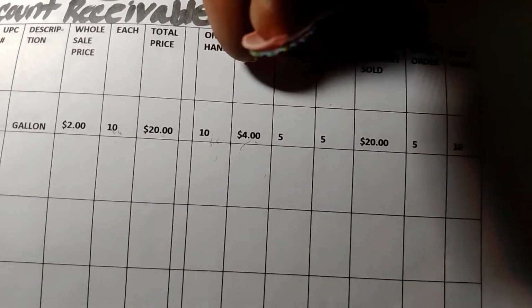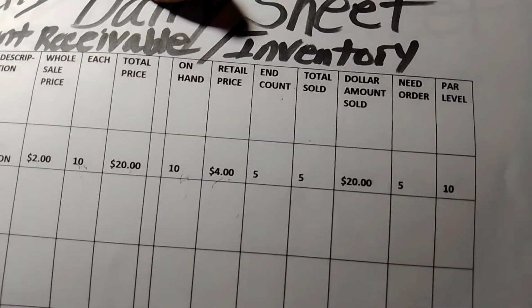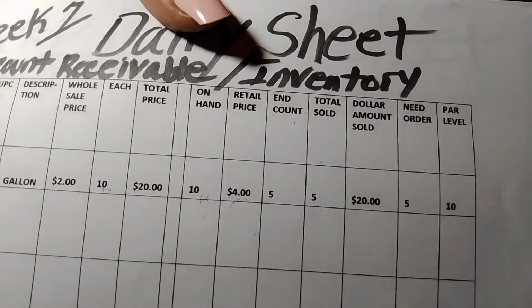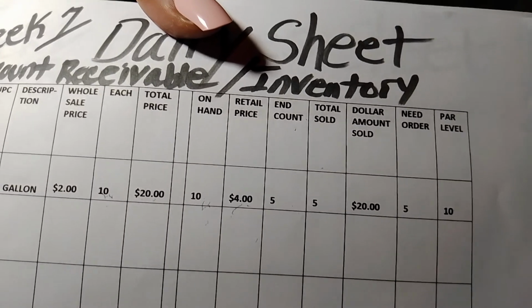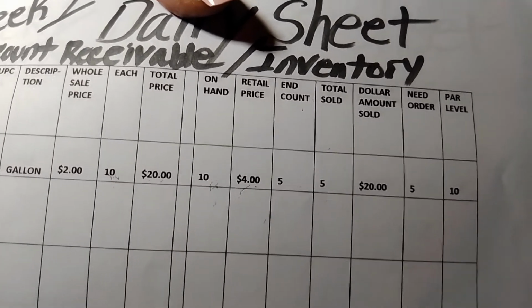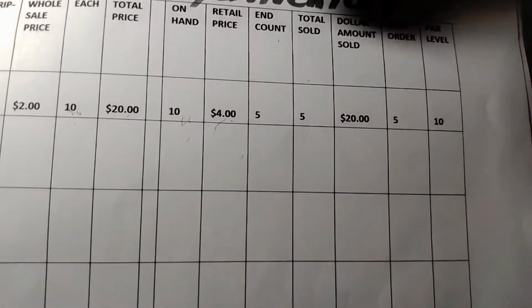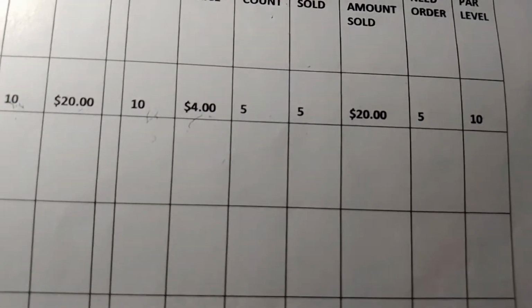Now, starting from on hand all the way over to par level, that's going to be our inventory. Okay? So now, the on hand column is 10 because that's what we started at. We started with 10 milks from the beginning. That's on hand. And then we're selling our milk at $4. We bought it at $2, but we're selling them at $4.